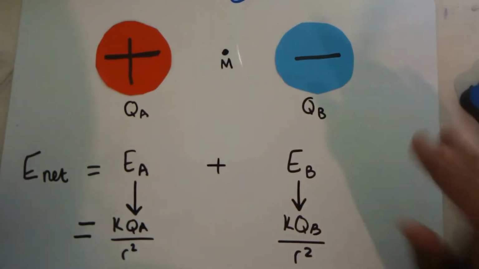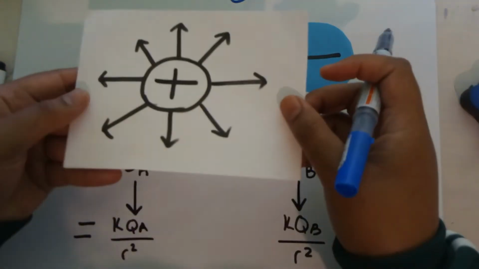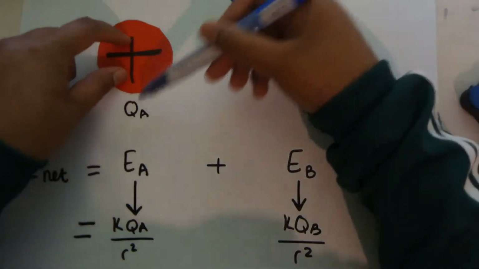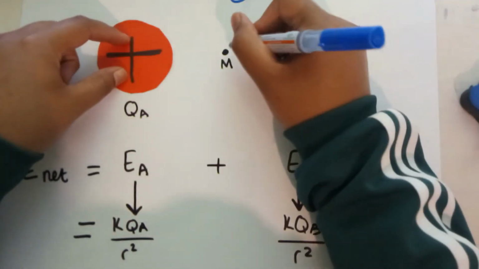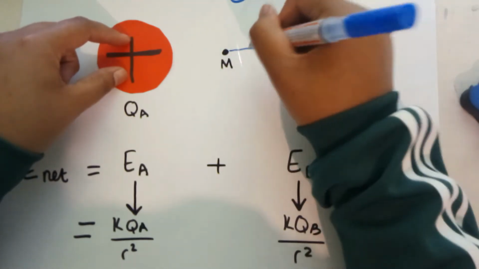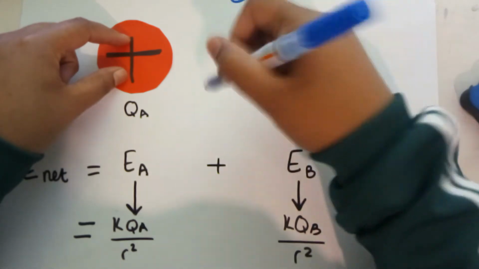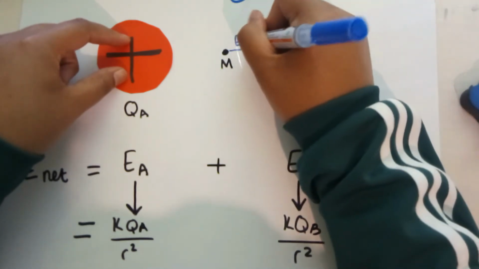So now let's determine the direction of the electric field due to each charge at this point. So we know from one of our core principles that QA will generate an electric field that pushes away. So we can represent that by drawing a vector and saying that this is now the direction that will be experienced at point M of the field due to QA.